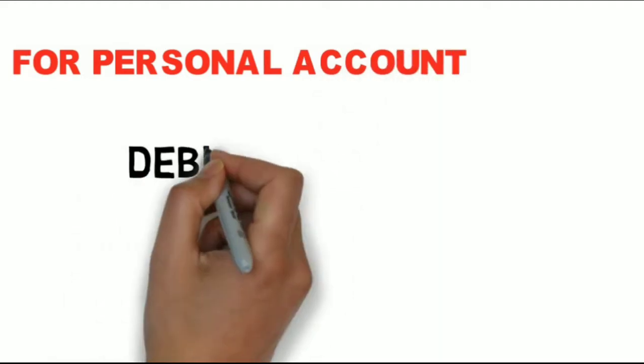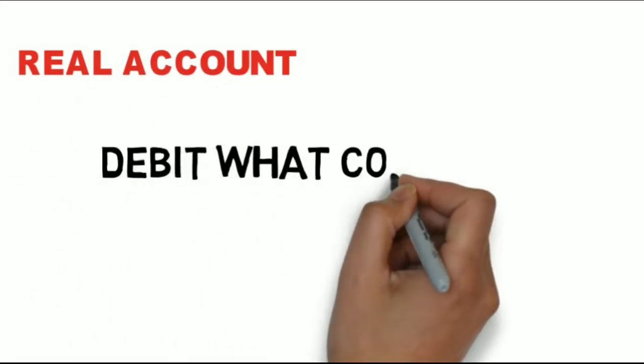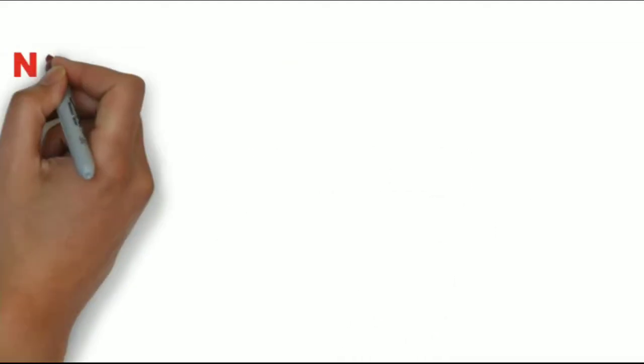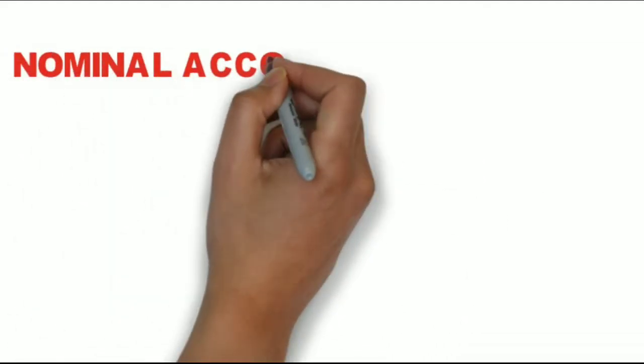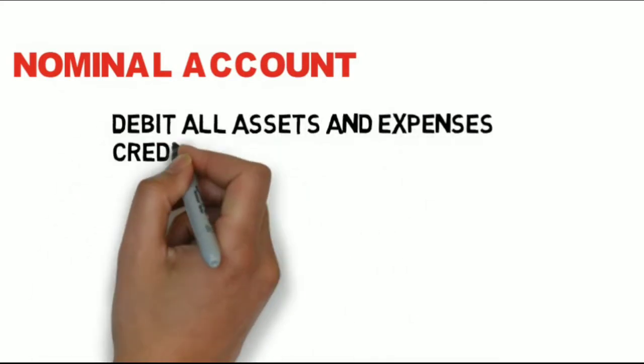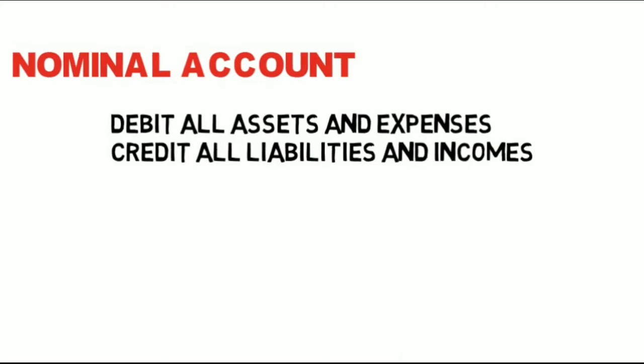In personal account, debit the receiver, credit the giver. In real account, debit what comes in, credit what goes out. Nominal account, debit all assets and expenses, credit all liabilities and incomes.